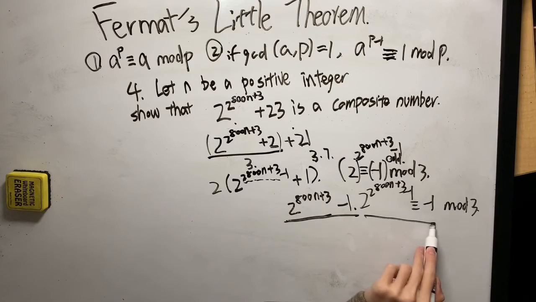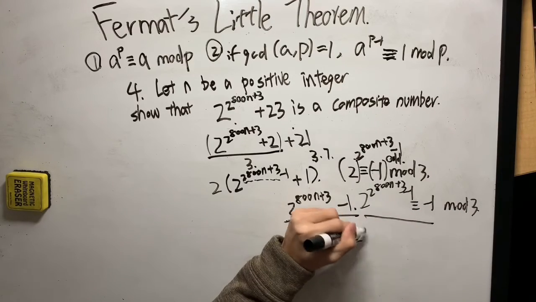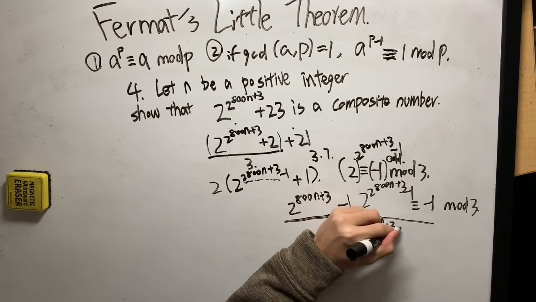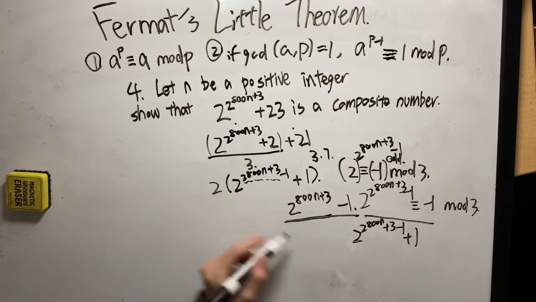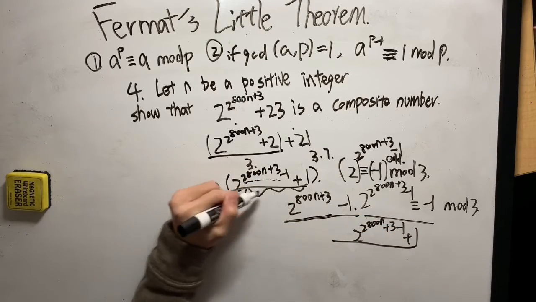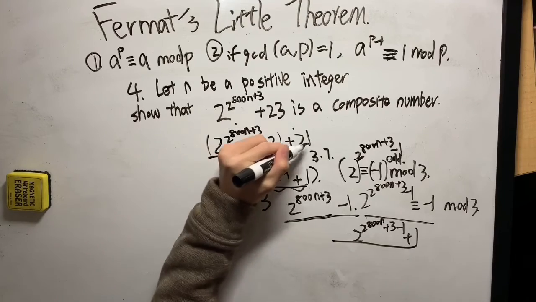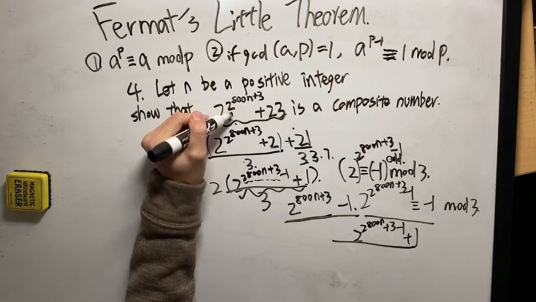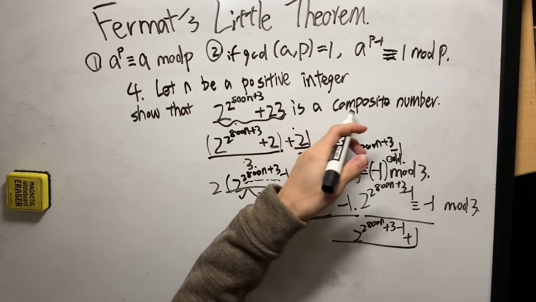And this is 2 to the 2 to the 800n plus 3 minus 1 plus 1, which is just this number. So we show that this number is divisible by 3, and 21 is divisible by 3. So this whole number is divisible by 3, and it is a composite number.